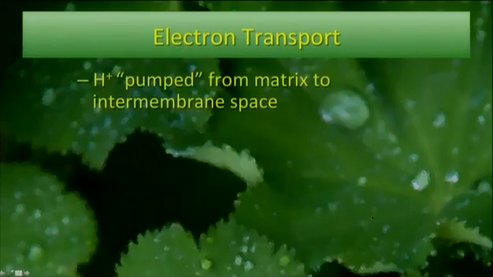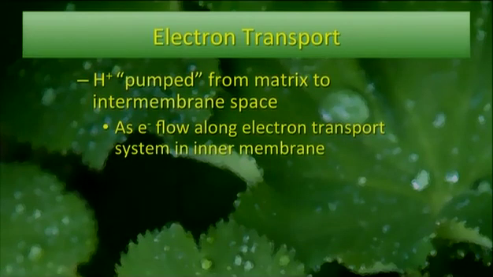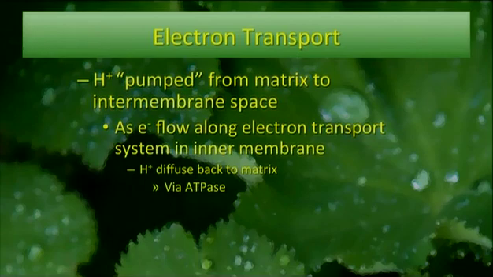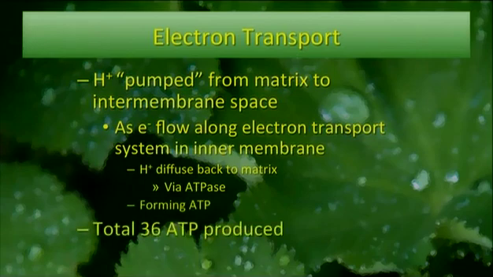So the hydrogen ions are pumped from the matrix to the intermembrane space, and as the electrons flow along the electron transport system in the inner membrane, the hydrogen ions diffuse back to the matrix via the ATPases, forming ATP. A total of 36 ATP is produced after all these various goings on.